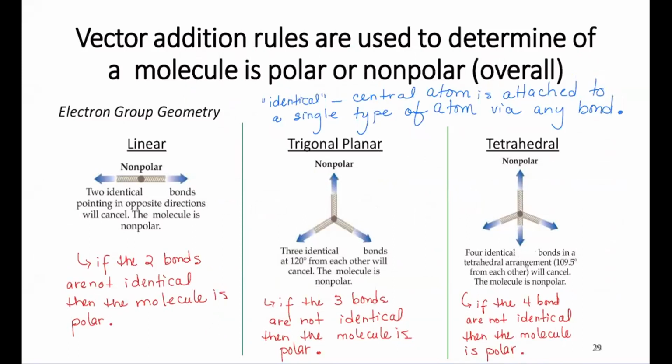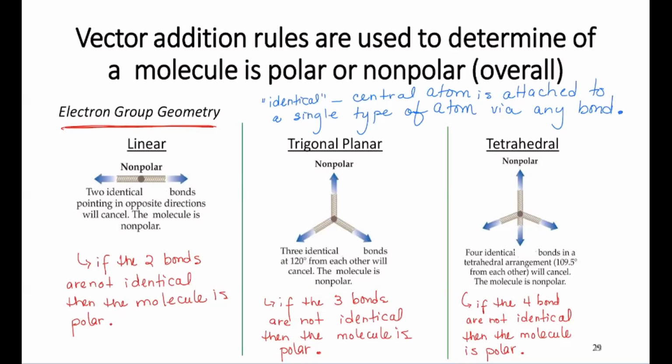And because our electron group geometry, as you can see here, this is based on electron group geometry, is tetrahedral, then understand that you will look at the conditions that make a tetrahedral non-polar. And if it's not met, as you can see, the molecule is polar.